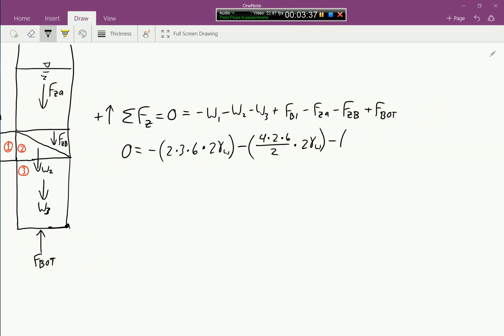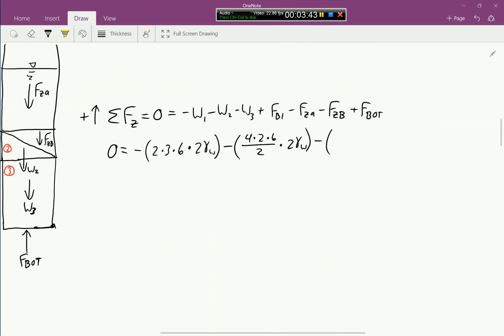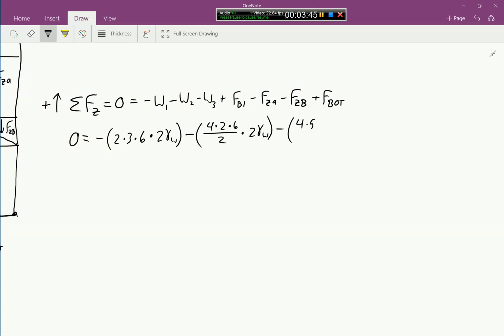We have weight of 3, which is going to be 4 times 5 times 6, then again times the specific weight of this body, which is 2 gamma water.